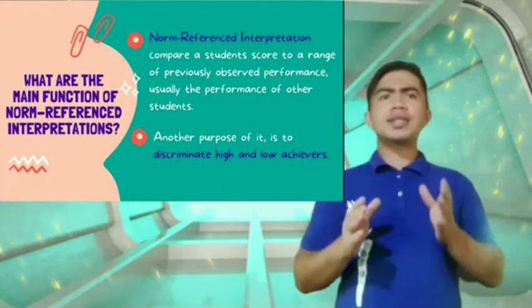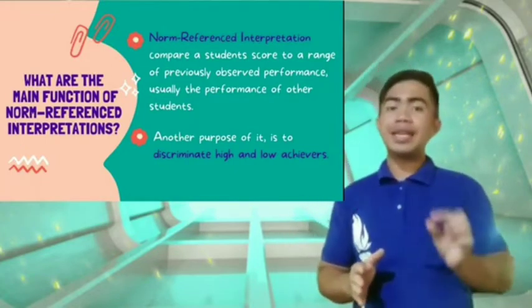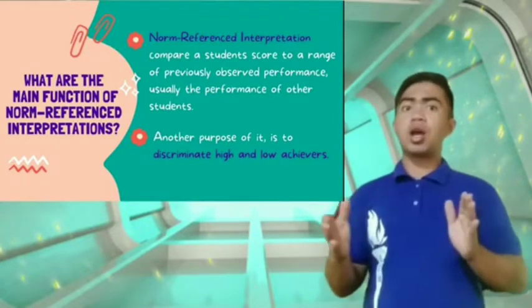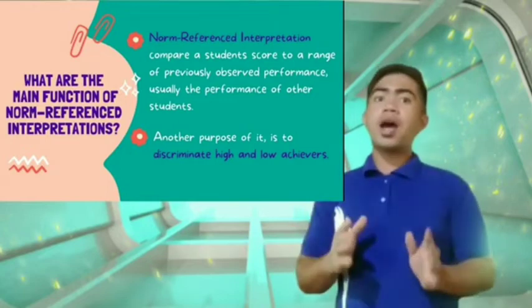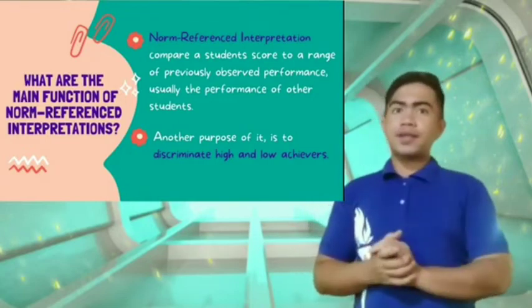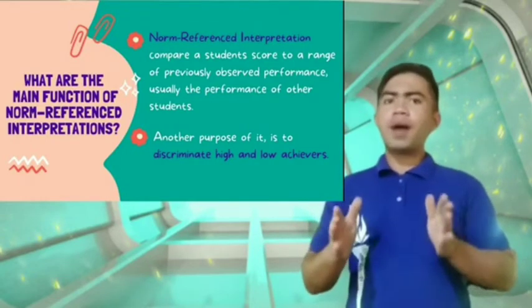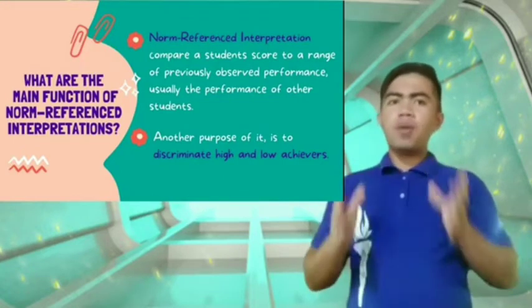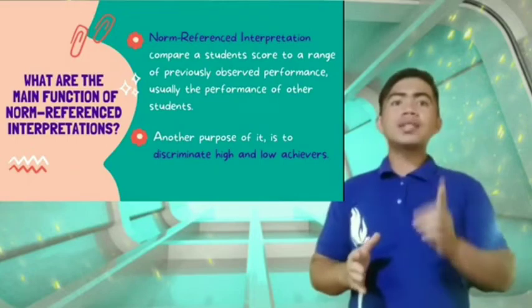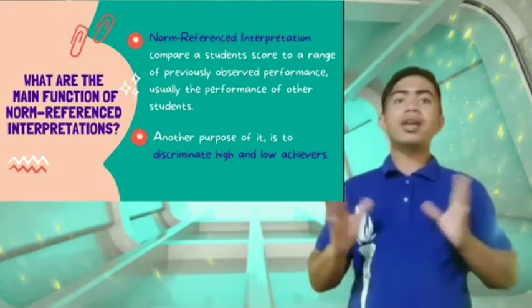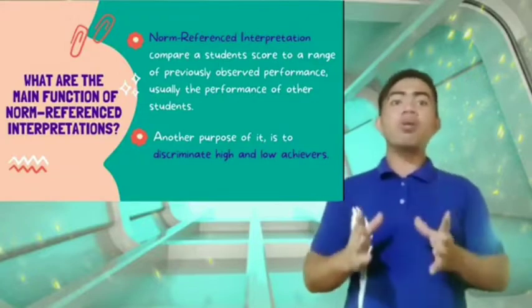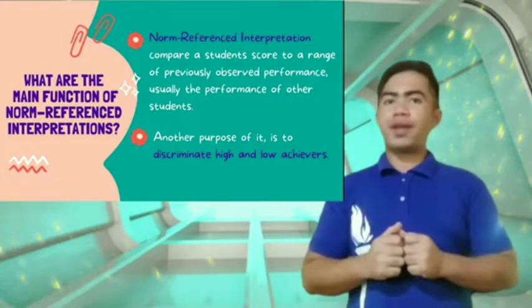How much the student knows is determined by his or her ranking or position in a norm group, or the group of reference. For example, we will rank the 6th graders. Remember, if we will rank the 6th graders, only 6th graders are included. Other year levels are excluded because 6th graders is our group of reference.